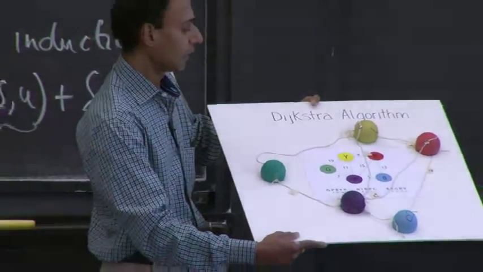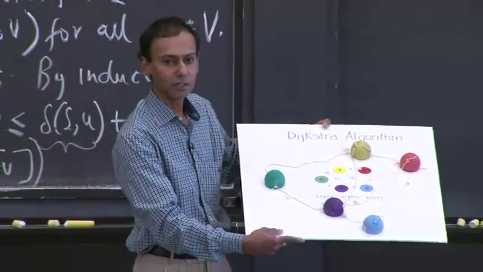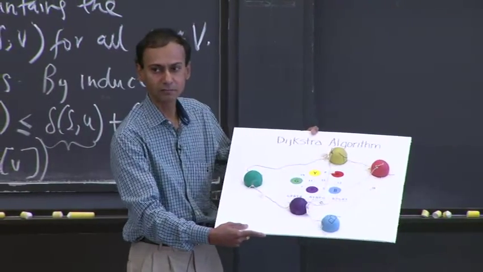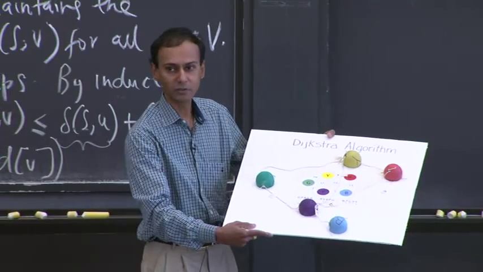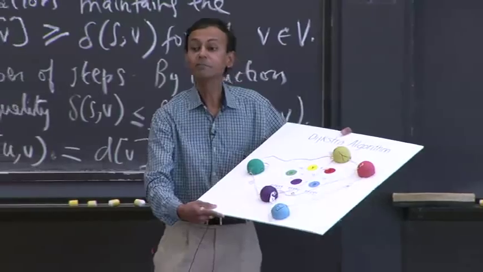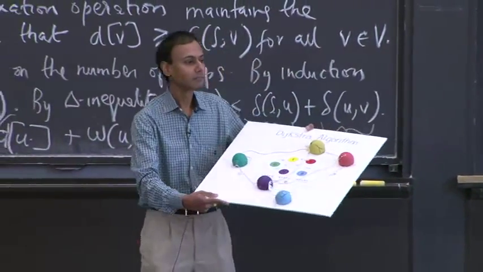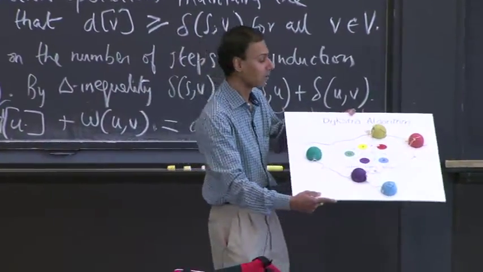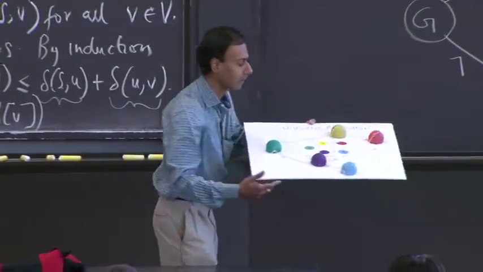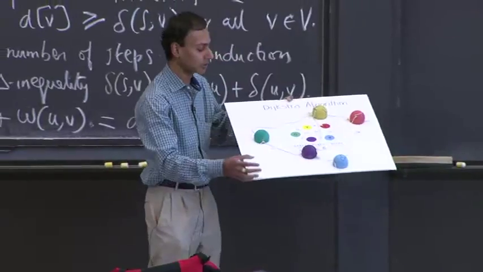What do you think I have to do to compute shortest paths, mechanically speaking? Yeah, someone? Pick up the ball and lift it up. That's right. Good. All right, so let's hope this works.